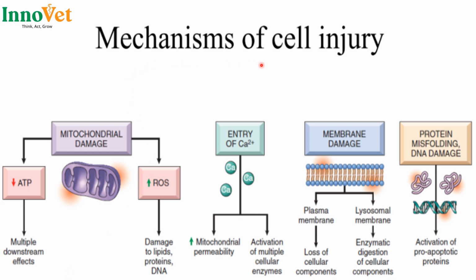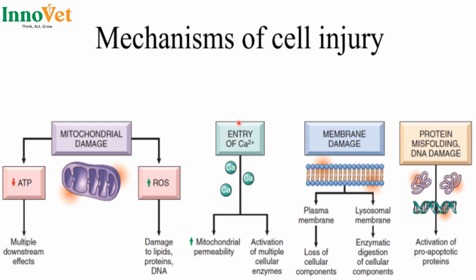Then mechanisms of cell injury. We have first mitochondrial damage. This will lead to decreased ATP production, and it will lead to multiple reactions downstream. Then we also have an increased accumulation of reactive oxygen species. These damage proteins, DNA, and lipids, and other cellular structures.